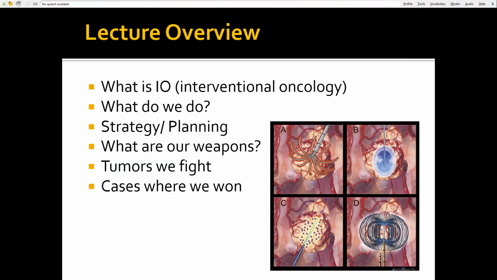We're going to have kind of a military mindset today since it's Veterans Day, but an interventional radiologist is basically a warrior that's trying to defeat cancer on some level, or to put it at bay as best we can. And we'll go through some cases at the end, and we'll look at some success stories.